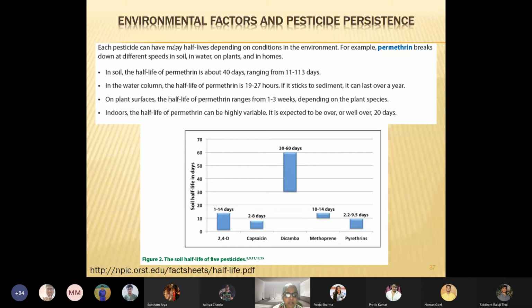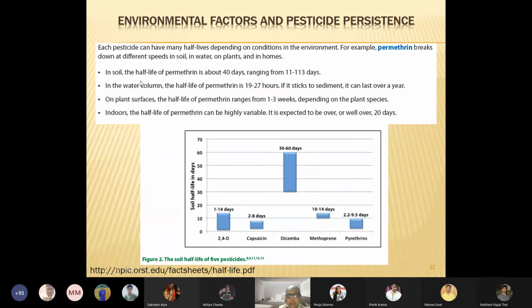So the half-life, when we talk about half-life, we assume that every one of these chemicals is degrading by first order reaction, and you can measure the half-life in terms of the degradation of the parent compound and how long it takes for it to degrade. So every chemical will have a different half-life depending on which part of the environment it is in.